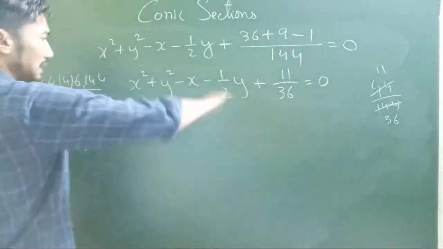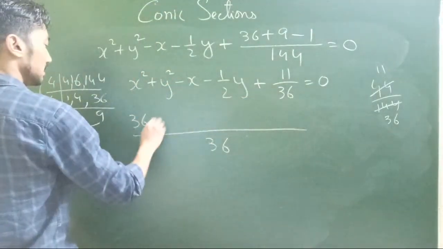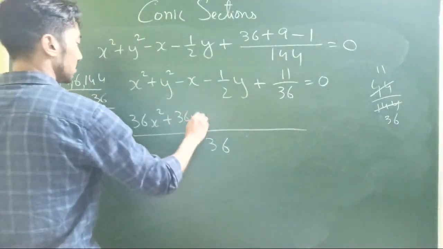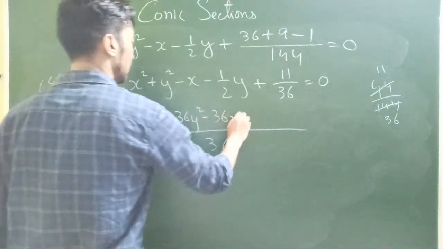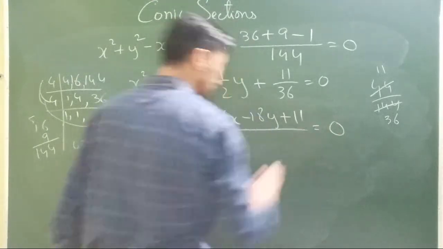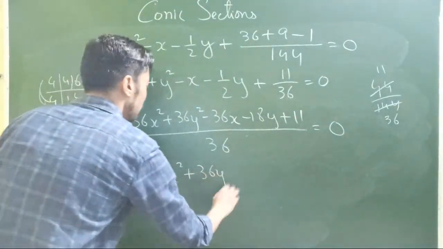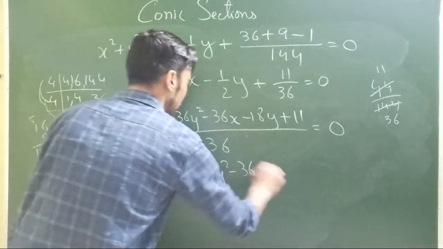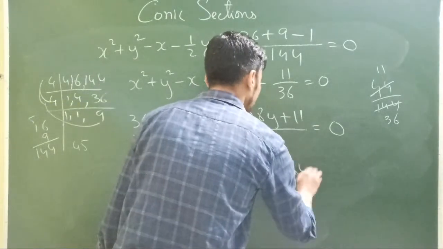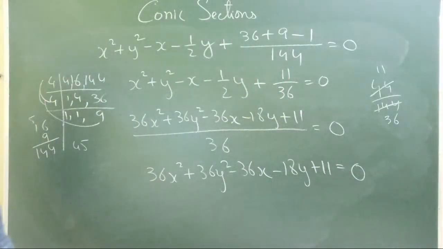We can take a common LCM straight away: 36 x square plus 36 y square minus 36x minus 18y plus 11 is equal to 0.